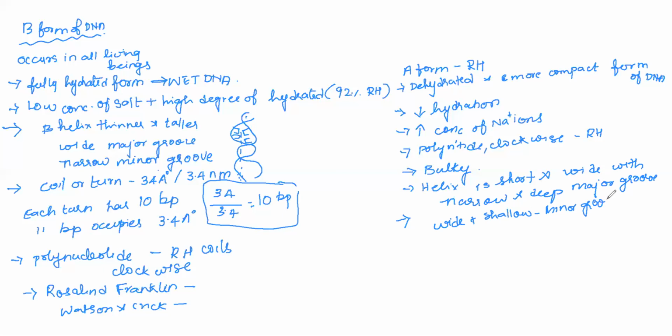So it does have both kinds of grooves, which is seen in form B of DNA. It has 11 base pairs per turn.